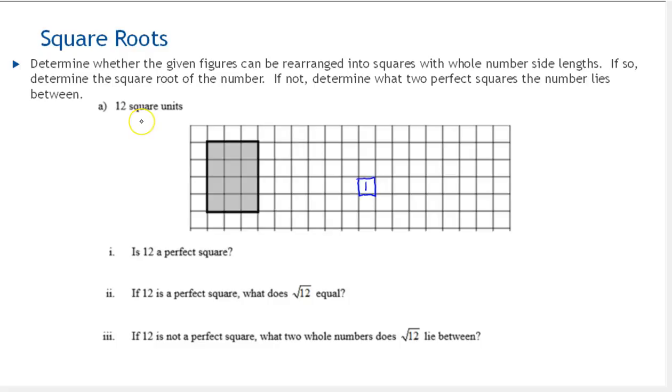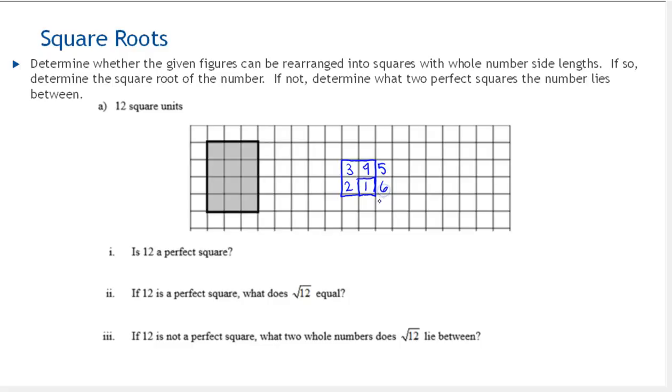But we have 12 square units, so we're going to keep going and spiral out. 2, 3, 4. We need to go all the way up to 12, but notice that 4 is a perfect square as well, because if you have 4 squares, it's a square that has whole number length sides of 2.